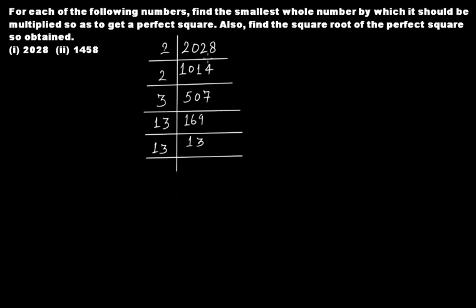So here the prime factorization of 2028 is equal to 2 times 2 times 3 times 13 times 13.